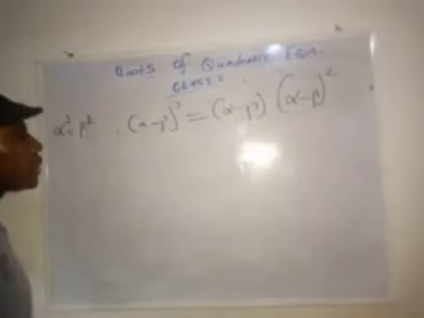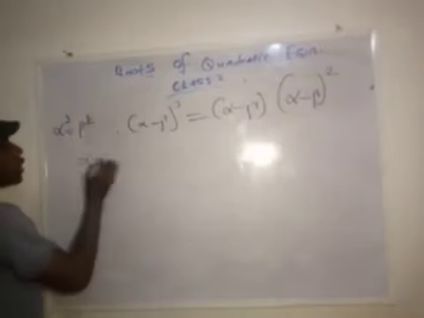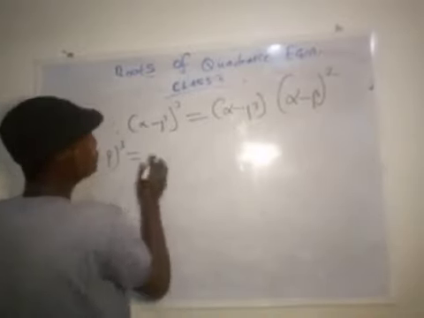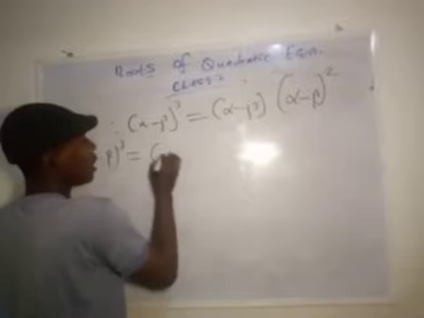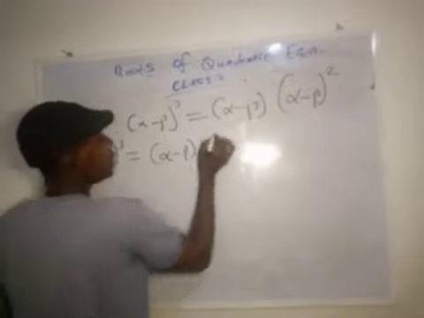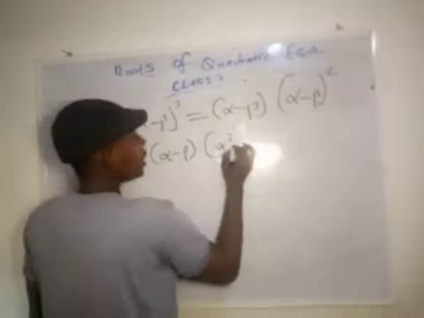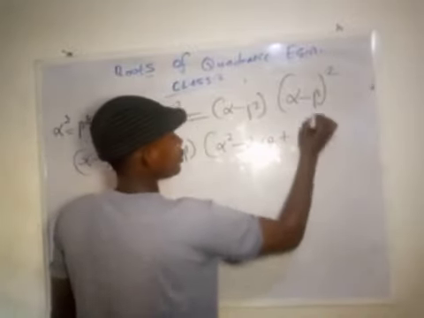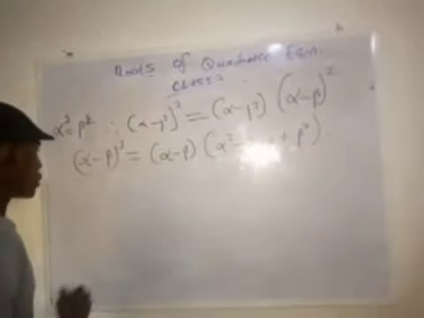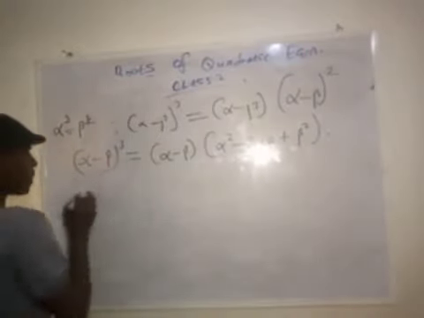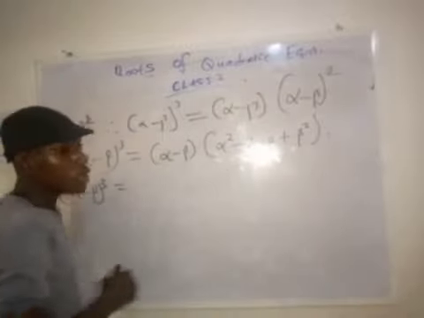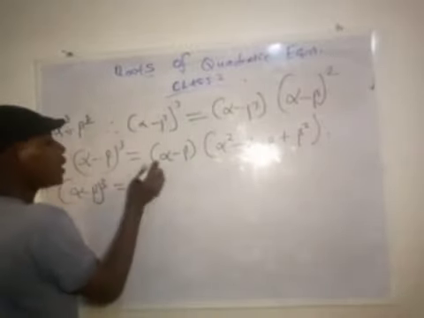Are we getting something here? So therefore, alpha minus beta cube will be equivalent to alpha minus beta into bracket alpha squared minus 2 alpha beta plus beta squared. Yes or no? Okay. So therefore, alpha minus beta cube will now be equivalent to this.